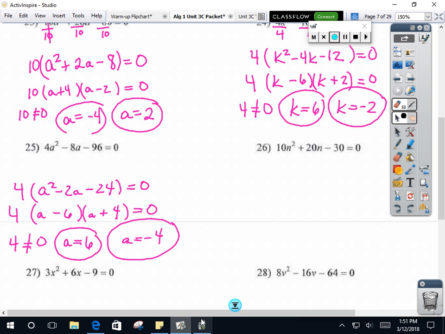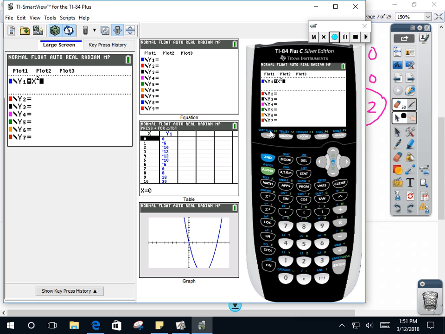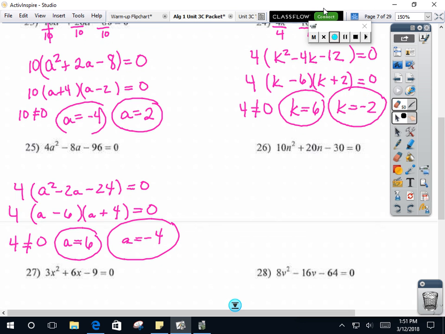The x-intercepts. Look, if I graph this, y equals, oh, mine's not working. You'd have to graph it. If you go to y equals and type in 4x squared minus 8x minus 96 and you hit graph, that parabola is going to cross through the x-axis at a negative 4 and a positive 6.